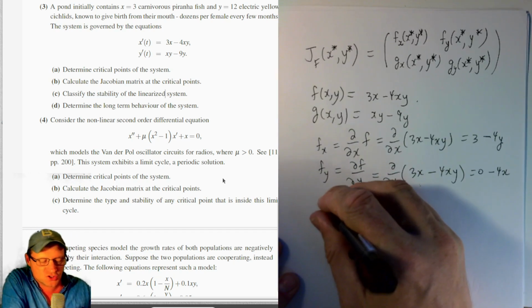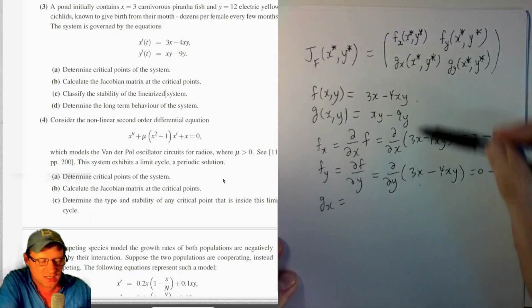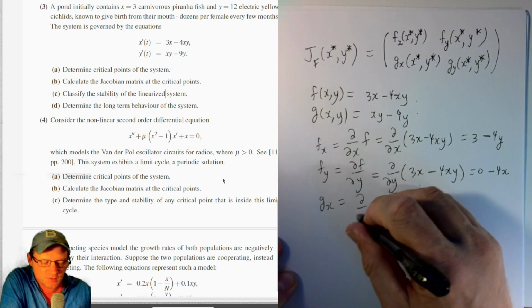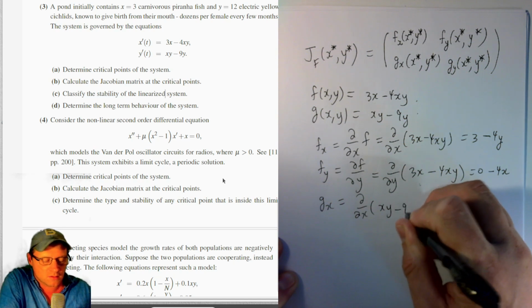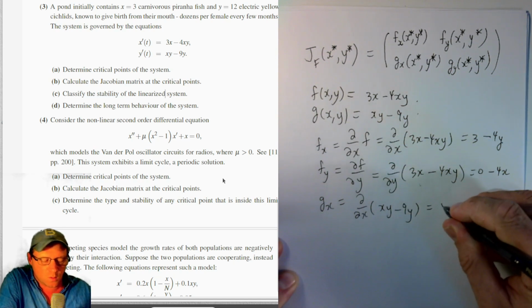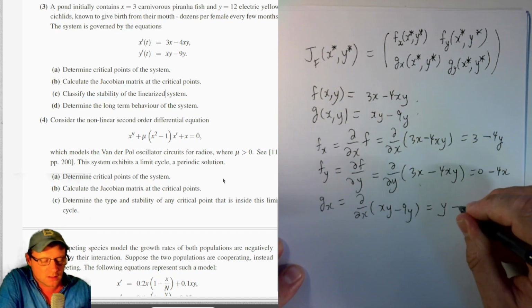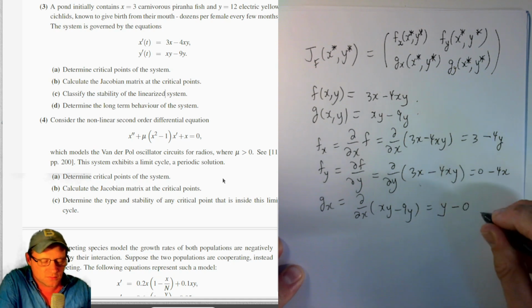Then G_x, differentiating G partially with respect to x, we get y minus 0, so just y.